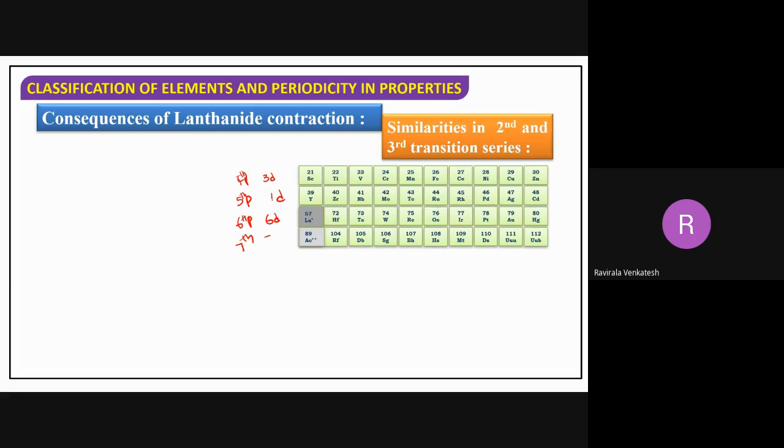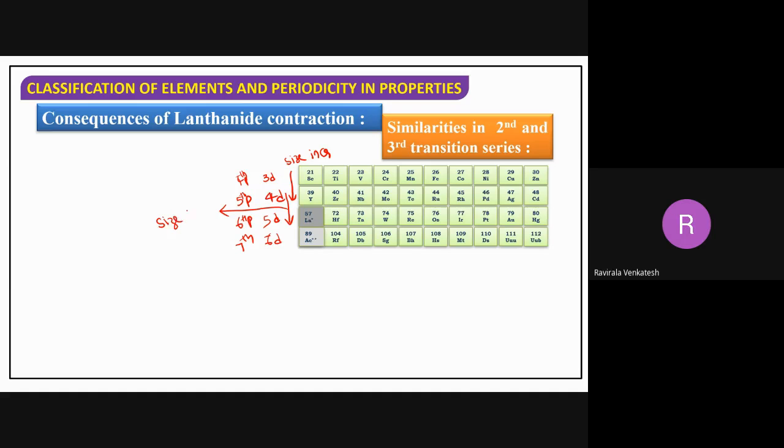This one is a 4D series, this one is a 5D series, and this one is a 6D series. Generally, from 4th period to 5th period, size increases. Everyone knows that: top to bottom, size increases. Normal thing actually. But from 4D series to 5D series, suddenly what happened?